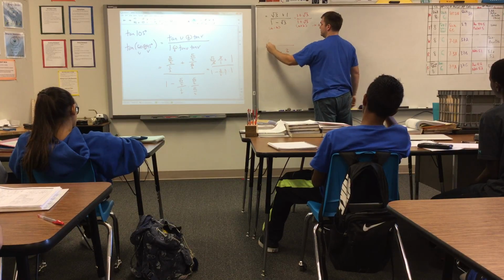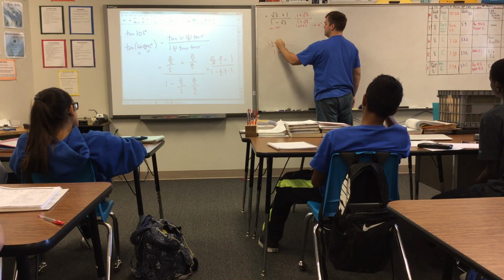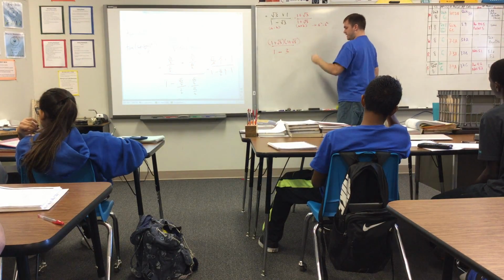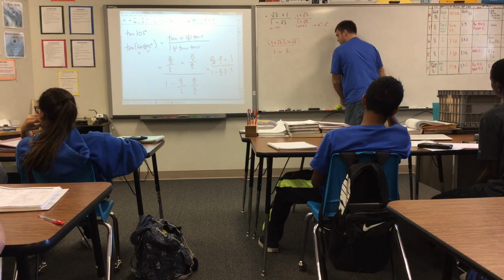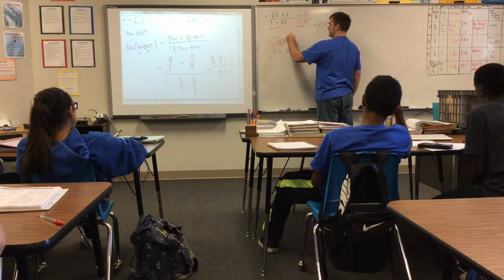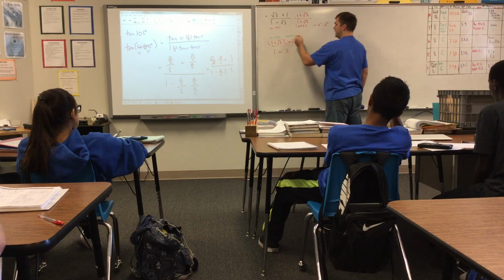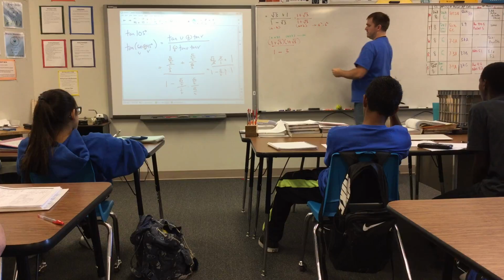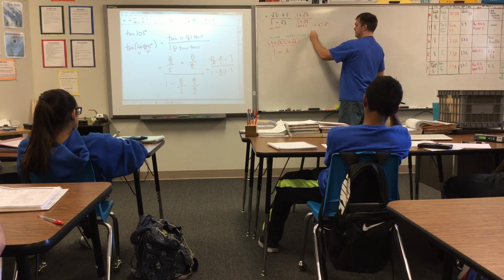I might rewrite this as 1 plus the square root of 3 times 1 plus the square root of 3, because that has the appearance of A plus B times A plus B. And this is why it's helpful to know all these things just off the top of your head. What's A plus B times A plus B? A squared plus 2AB plus B squared.